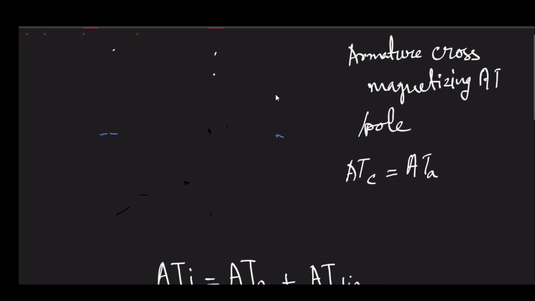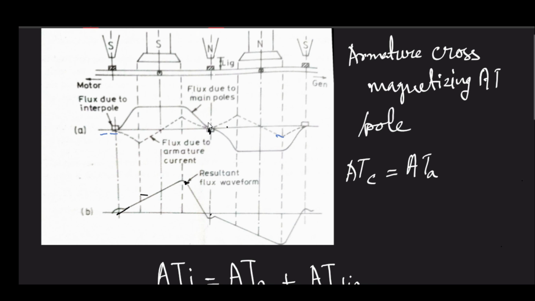However, the armature reaction effects are overcome only under the interpoles in your resultant flux. If we see this waveform once again, you will see the effect of flux under the interpole is okay, but what about under the normal pole? That is still distorted.